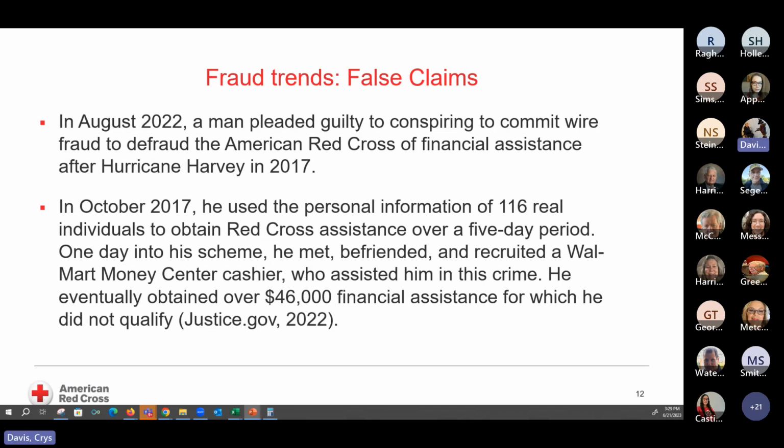So he met and befriended and recruited a cashier and then colluded. But he was not disaster affected, so he was making a false claim. Now, if you'll note here, not all fraud types are just one. So he also committed an identity theft in doing this. Any questions about this?